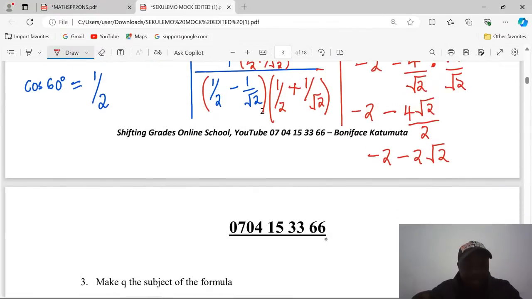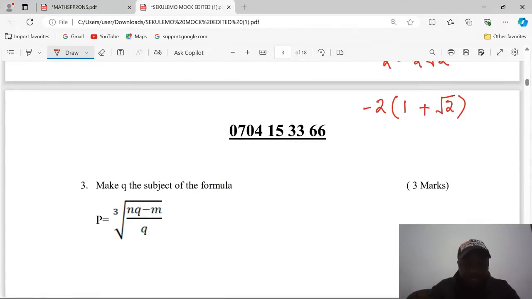So now this can be further simplified by saying -2 is common anyway. Yeah, -2 is common. So -2 factored out, we shall remain with 1 and a positive root of 2. So that is the simplest form for the above surd.